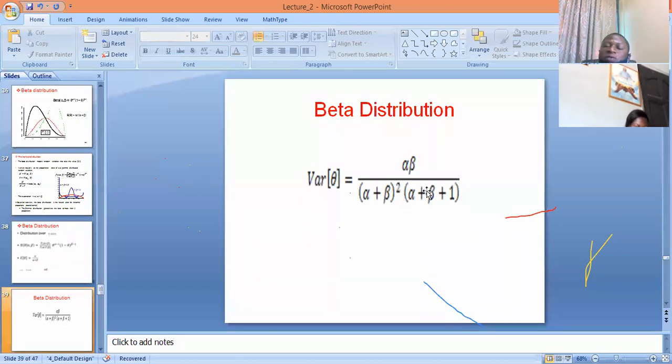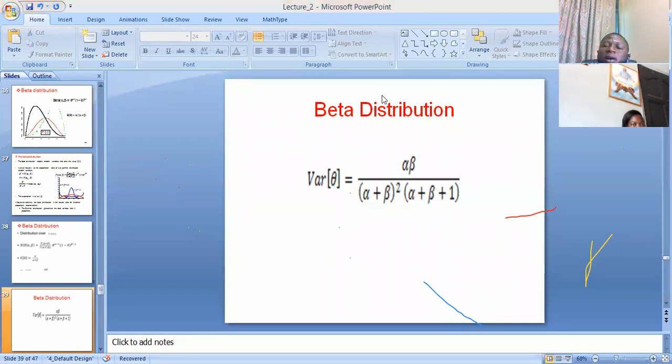Then the variance of the beta distribution is alpha times beta, divided by alpha plus beta all squared, open bracket, alpha plus beta plus 1. So if I multiply my prior distribution of the parameters with that of the binomial distribution for the data, I'm going to get a resulting posterior distribution that is also a beta distribution.